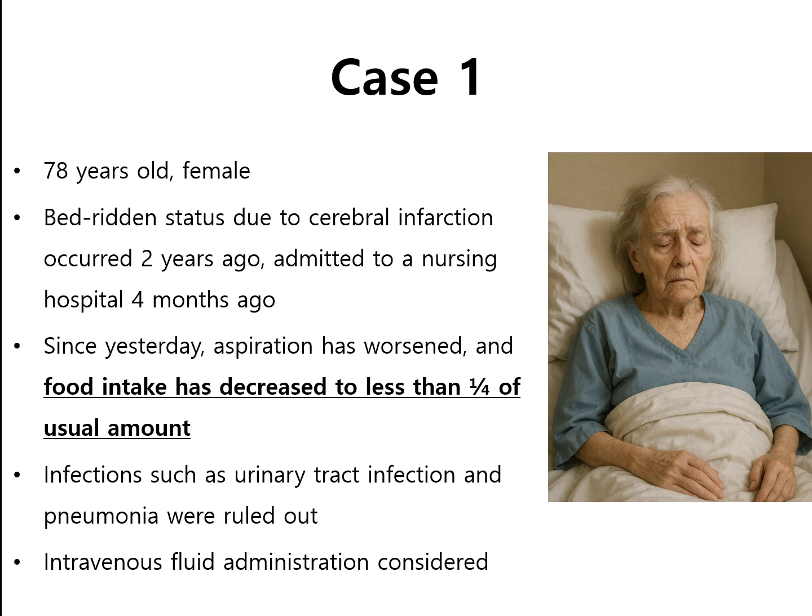78-year-old female who is bedridden due to a cerebral infarction that occurred 2 years ago. She was admitted to the hospital 4 months prior. Yesterday, her aspiration worsened and her food intake decreased to less than a quarter of her usual amount.